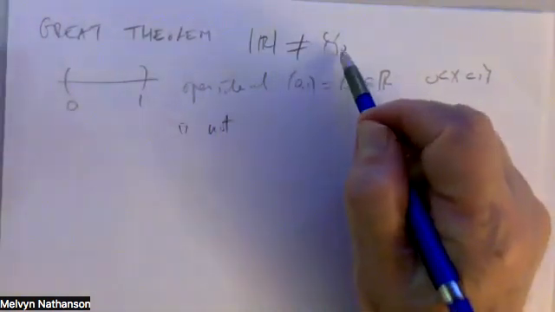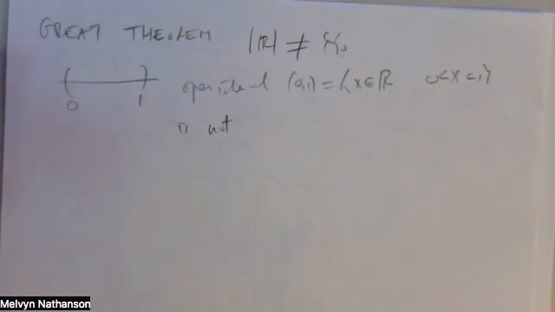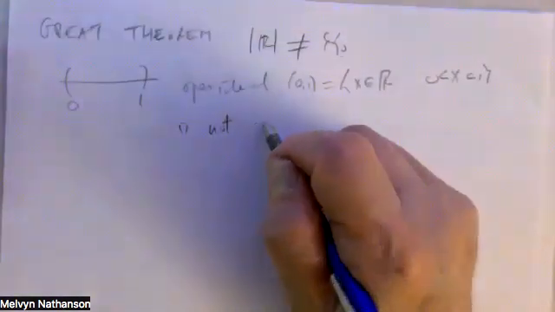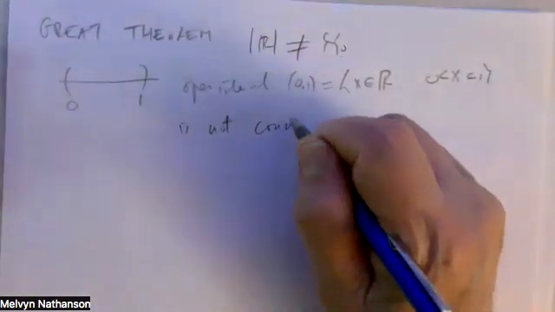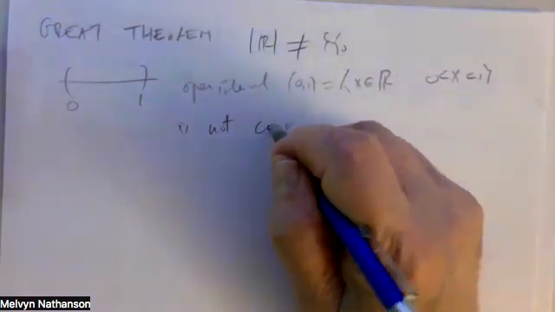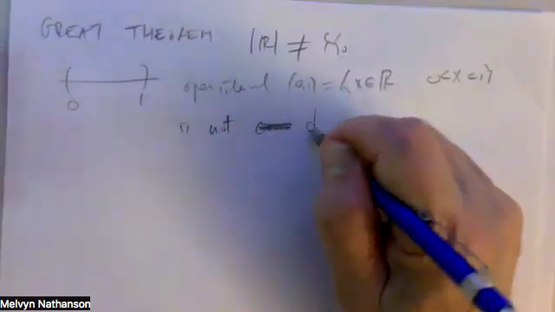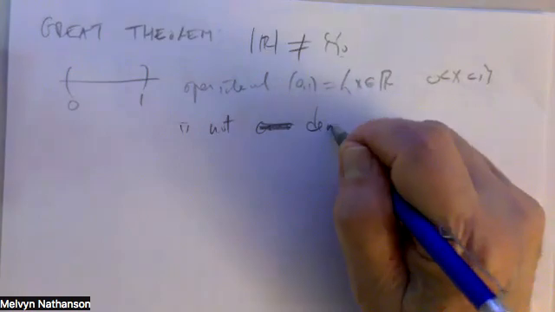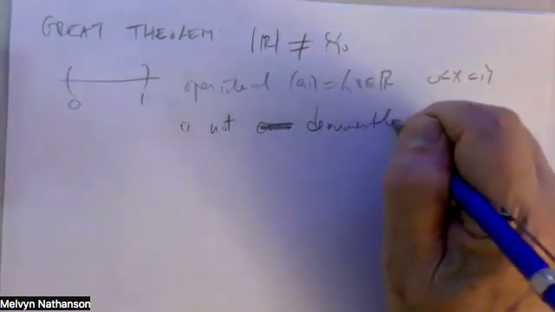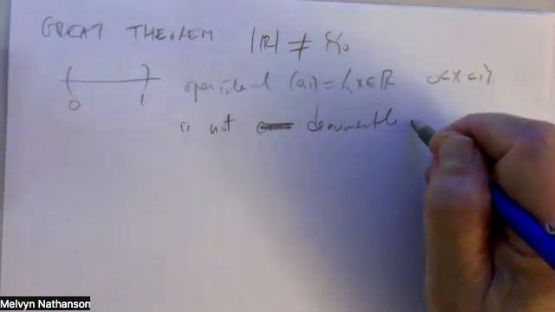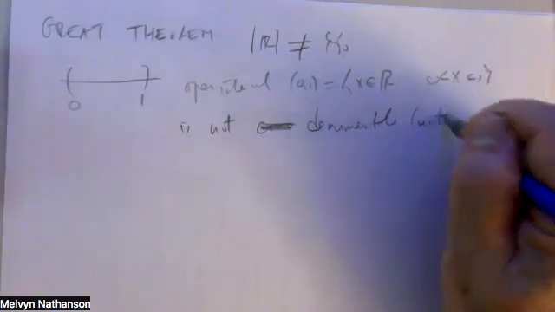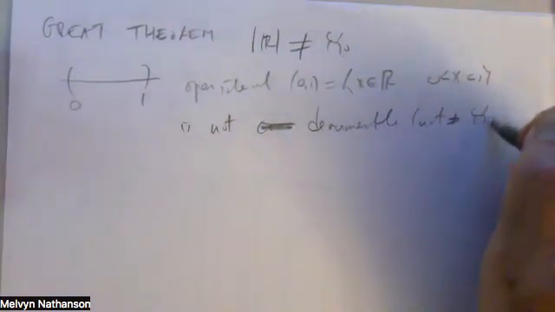If a set has cardinality Aleph naught, we say it's countable, or countably infinite, or the word denumerable. That's the word that the text is using. Not denumerable means not equal to Aleph naught.